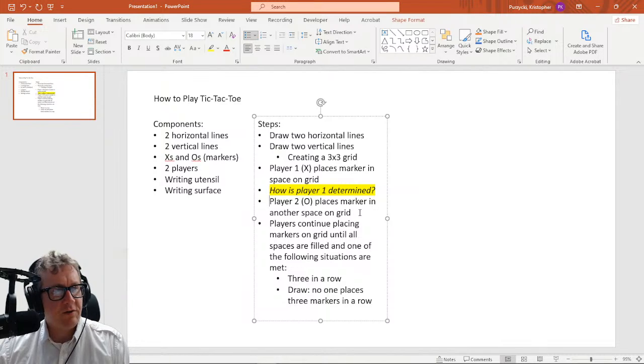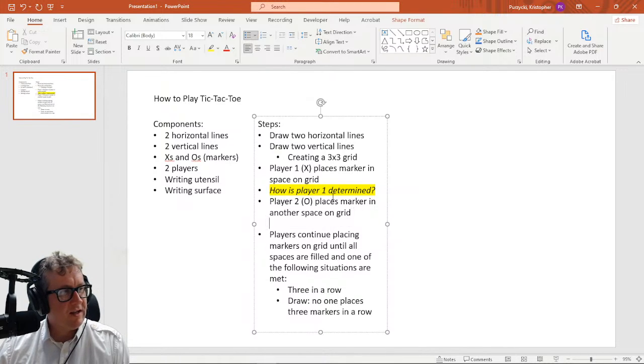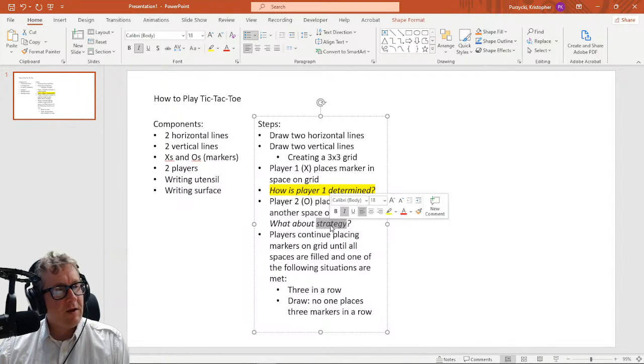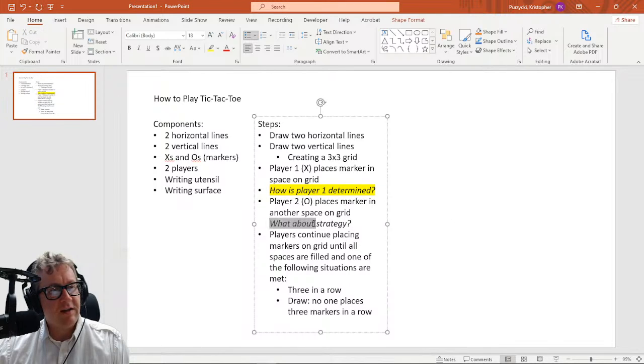All right, so player 2, O places marker in another space on grid. So I might start to say, let's see. Maybe I hold off on discussing strategy.